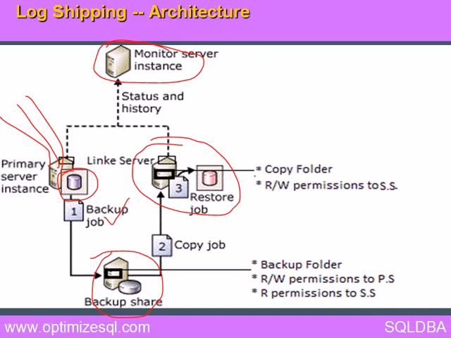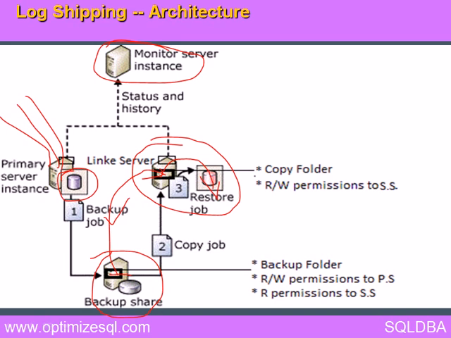Log backups are generated periodically into this folder. Then the copy job will copy the backup file from that folder, and the restore job will apply the changes into the database. Thus a backup job is created in the production server, and copy and restore jobs are created in the secondary server.